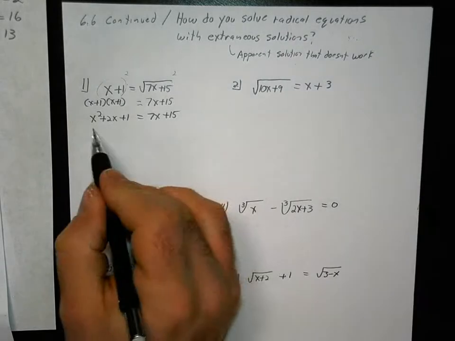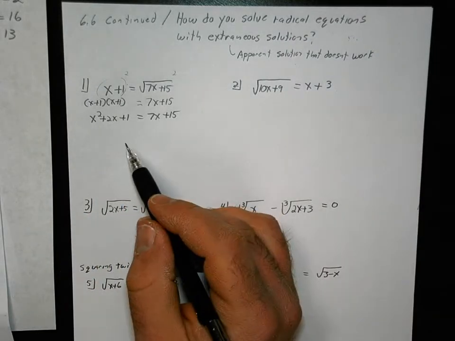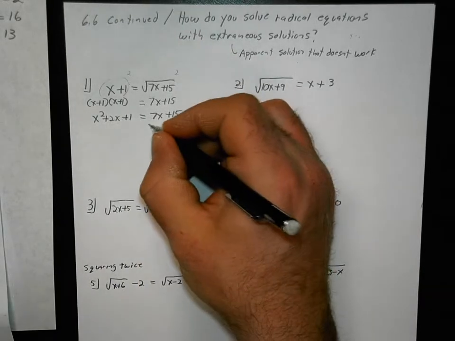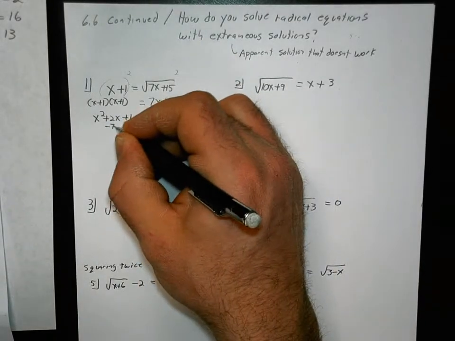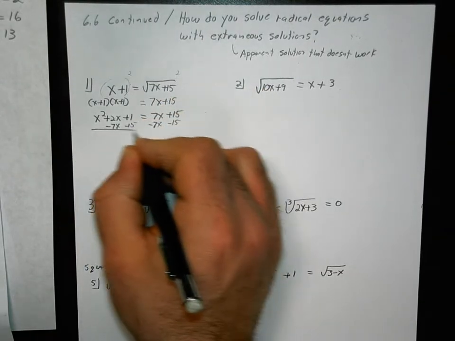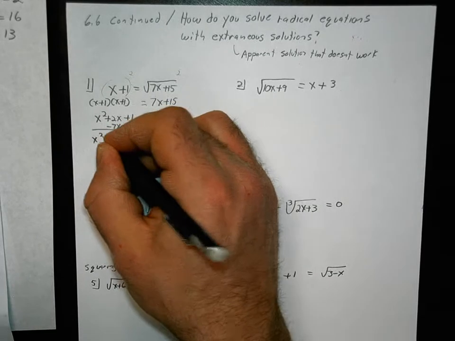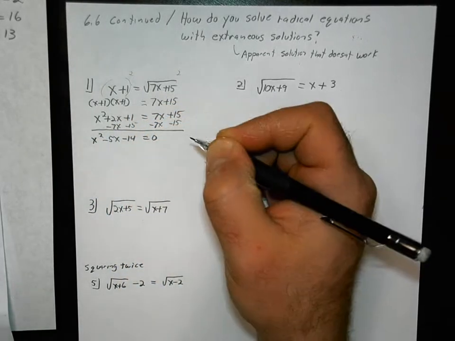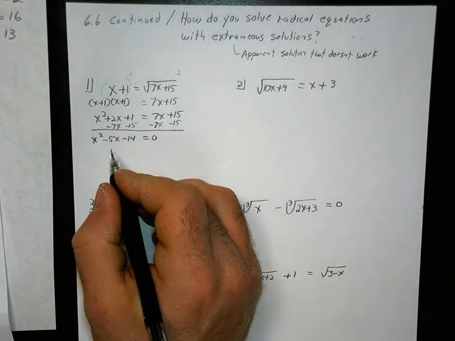Okay, so now how do I solve these equations? This goes back to chapter 4, solving quadratics. I got to get everything to one side, so I have to subtract 7x on each side and subtract 15. So I get x squared minus 5x minus 14 equals 0. Then how do I solve that?